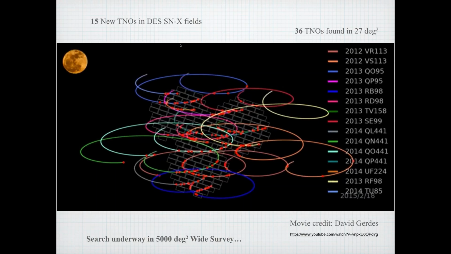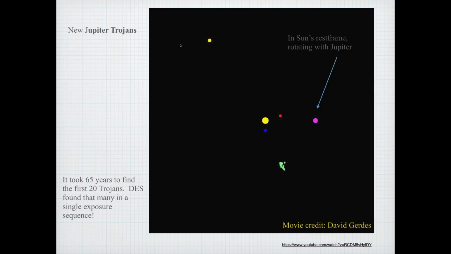We even found what's called Jupiter Trojans. Trojans, as I think many of you know, are objects that lie on a corner of an equilateral triangle made by the Sun and Jupiter.